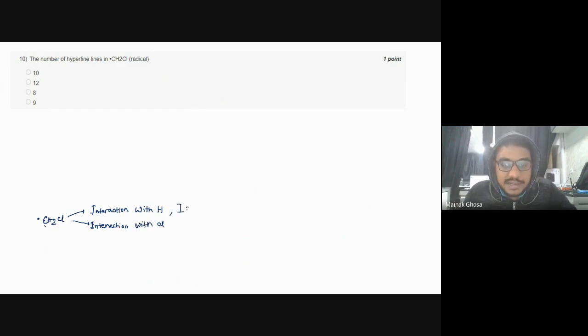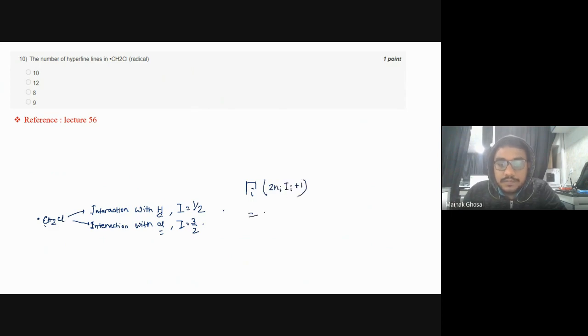So if there is interaction with hydrogen which has spin of half, and for chlorine the spin is 3 by 2, okay? Now you can also find this in lecture number 52, 56. Here two different nuclei are there, so we'll use the same formula, the product of (2nI plus 1) rule, okay? So it would be 2 into how many protons are there?